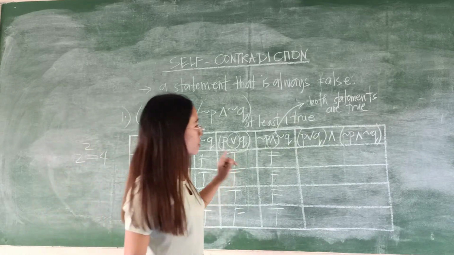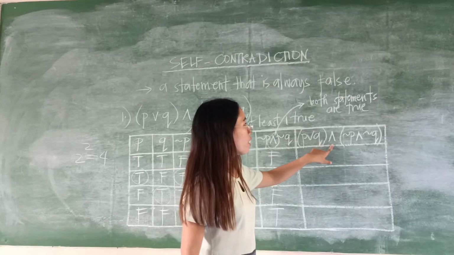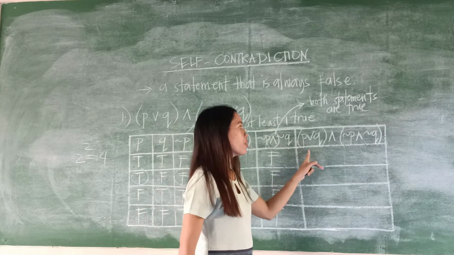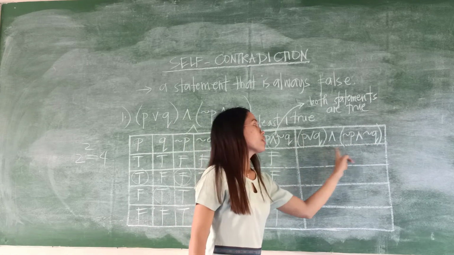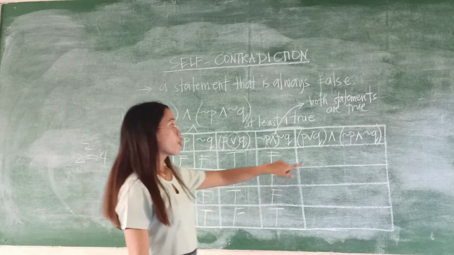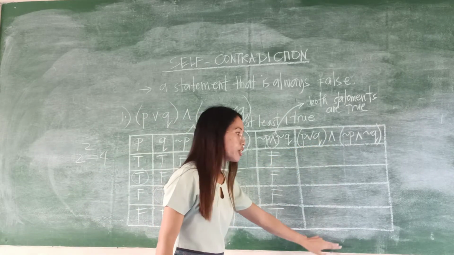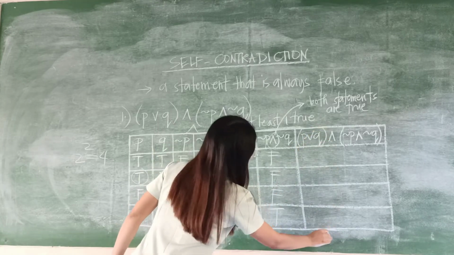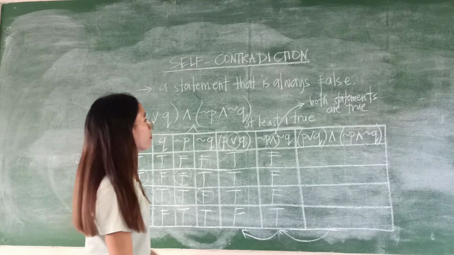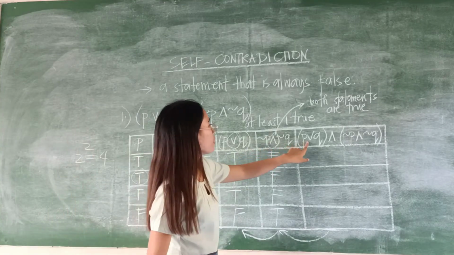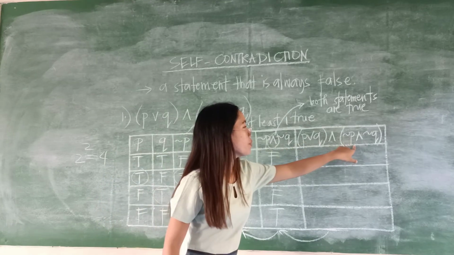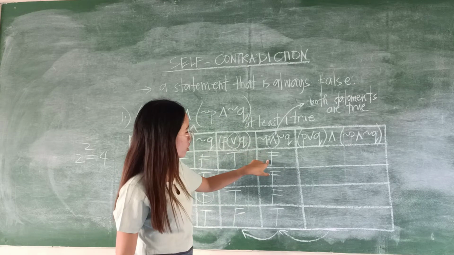Now let's proceed to the last column, P or Q and negation P and negation Q. Since we already have the values for these statements, the only thing we need to do is to follow the rules for AND. So the values here will be based from these columns. Okay, so P or Q is true, and negation P and negation Q is false.